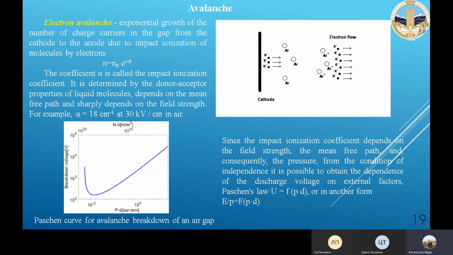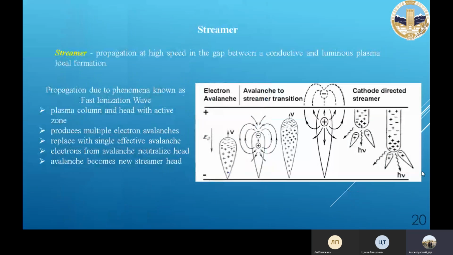Note that the breakdown voltage depends on the product P times d: decreasing the gap but increasing the pressure, we obtain the same dielectric strength of the gas gap. Okay, the next is the streamer.